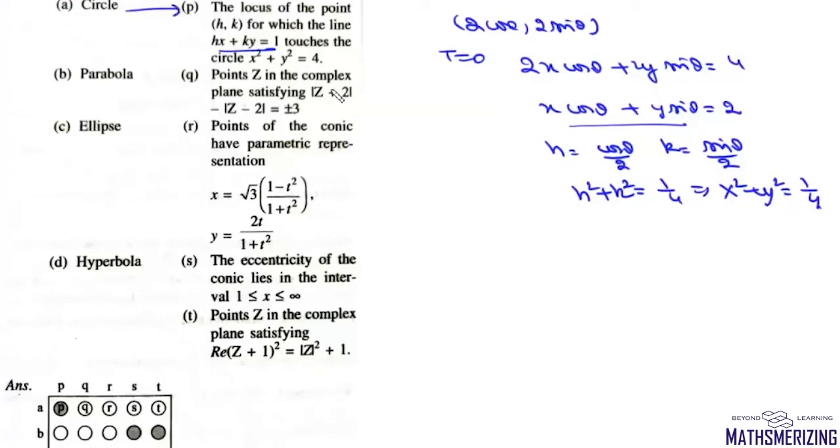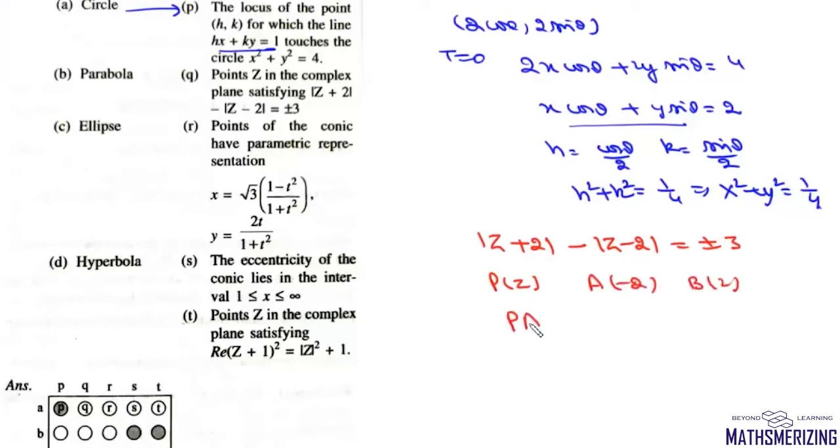Now the second one is a point Z in the complex plane satisfying |Z + 2| − |Z − 2| equals plus or minus 3. Here we have a point P whose complex number is Z, and then we have 2 points, say A and B. A is −2 and B is +2.